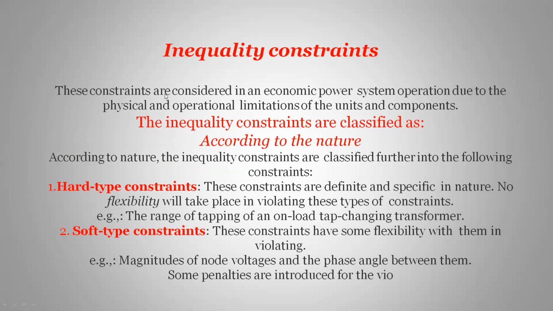Inequality constraints are considered in an economic power system operation due to the physical and operational limitations of the units and components. What is he saying? In economic power system operation, we take the physical and operational limitations of the units and components as constraints.